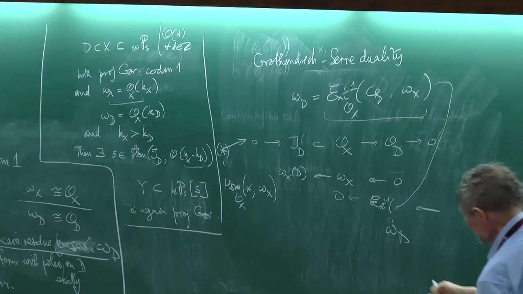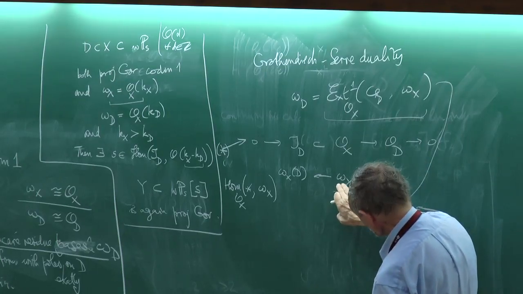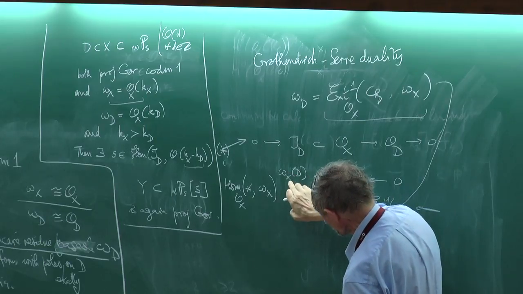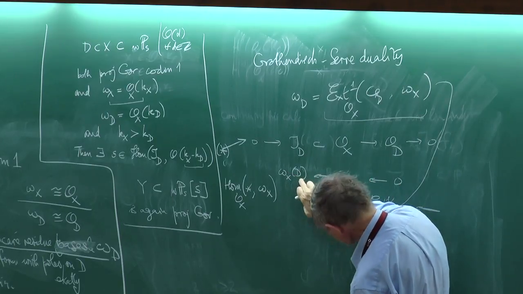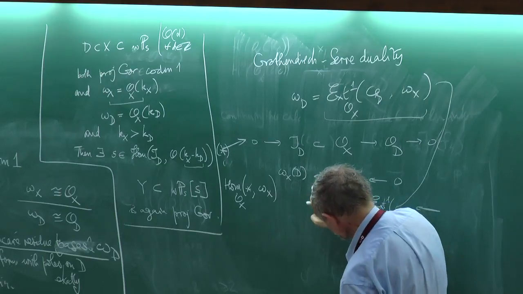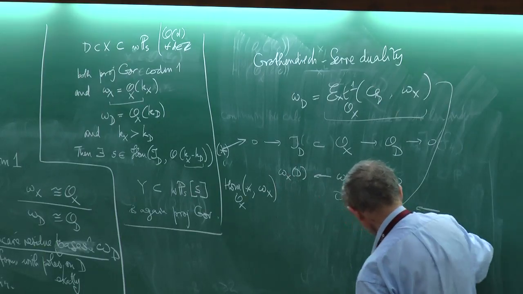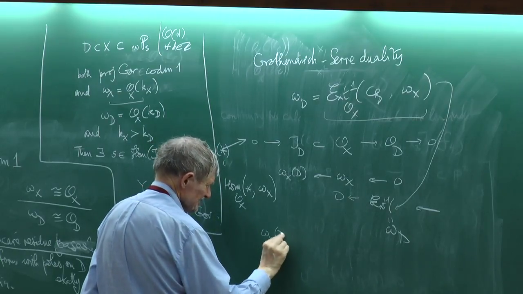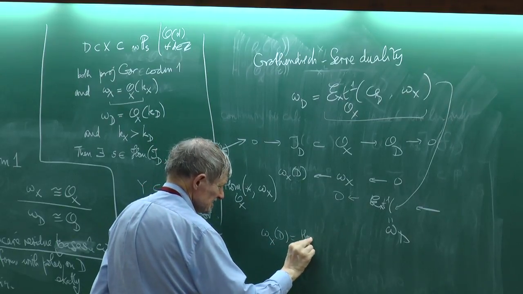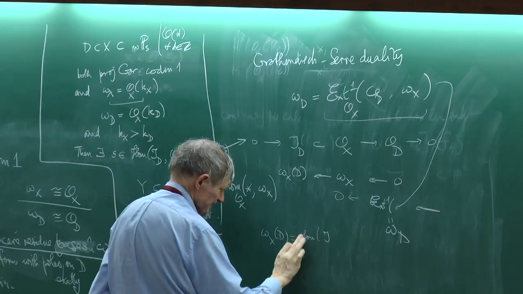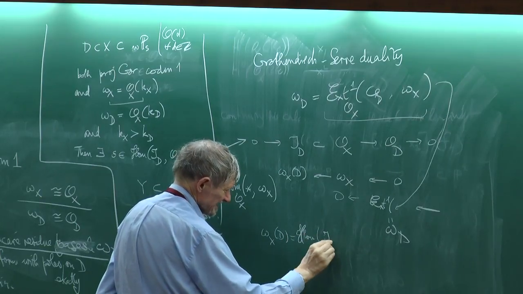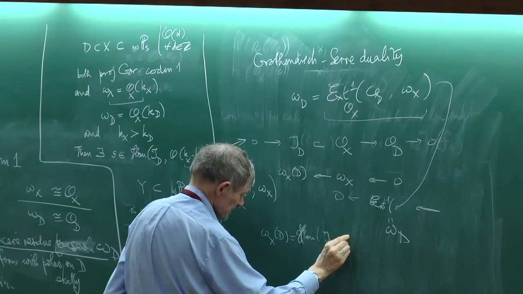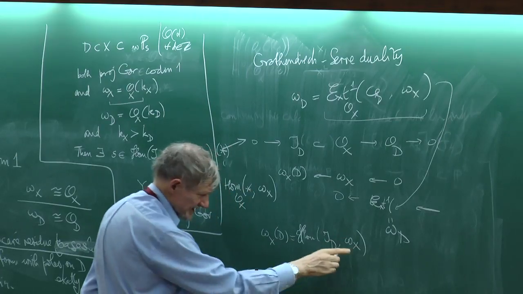Right? So in that case, omega X is something to do with differential forms, top degree differential forms, and these are top degree differential forms with pole along D, yes, and they're mapping down here with Poincaré residue. So omega X of D is curly hom ID, omega X. It's just a definition.